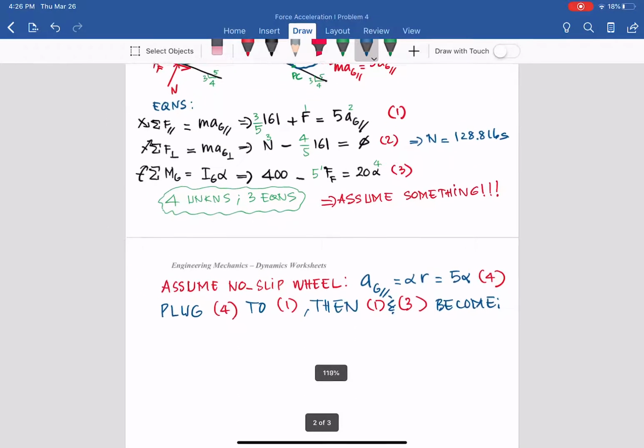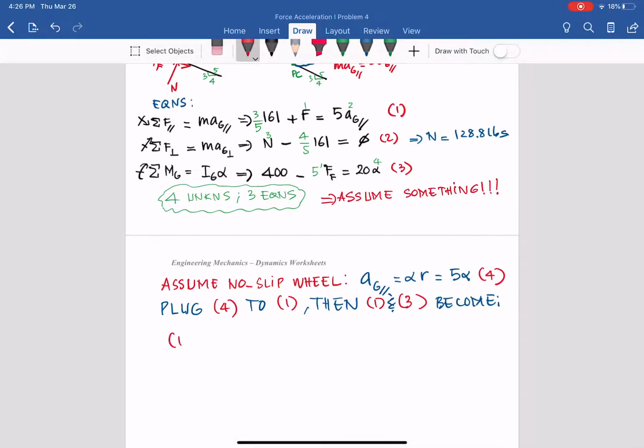Let's write down. Number 1 equals 3/5 161 plus F equal to 5 alpha for A G parallel, and then you have number 3.